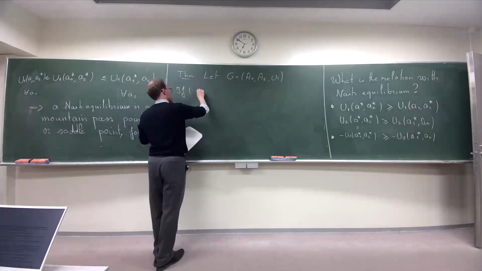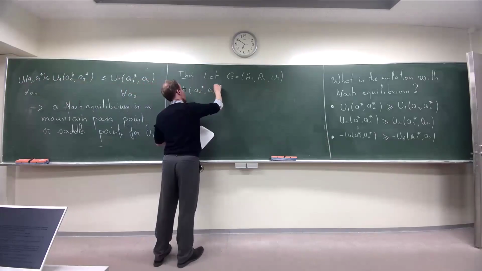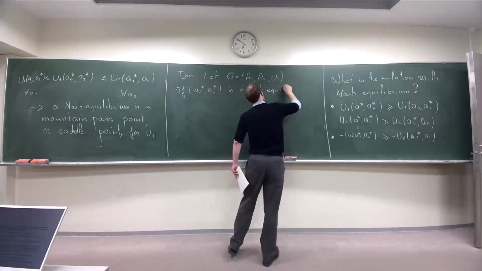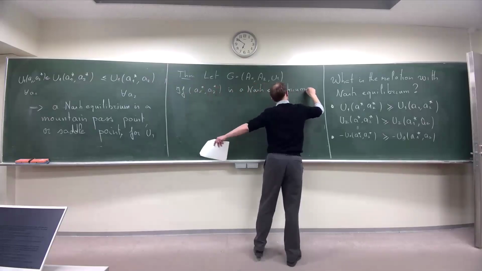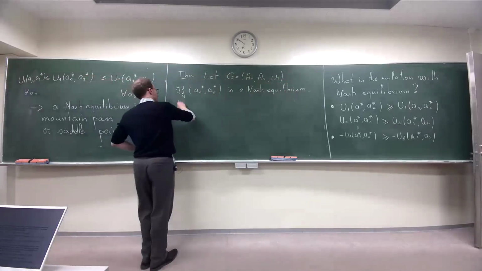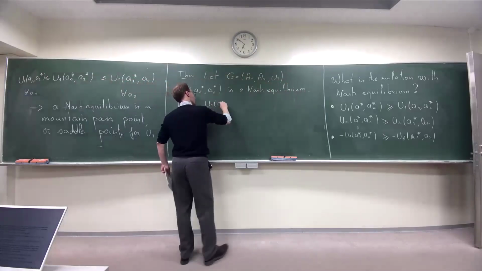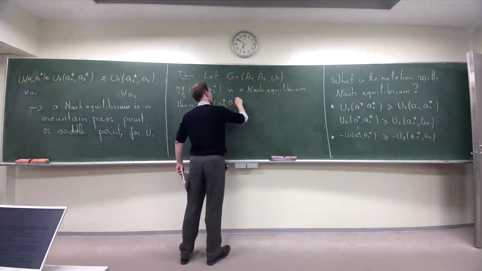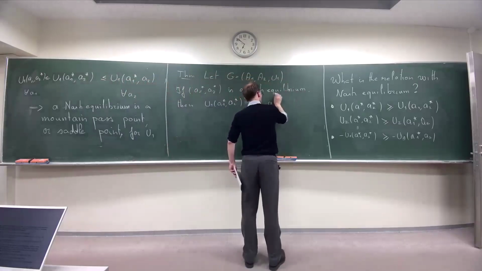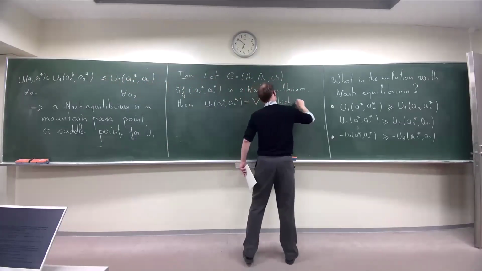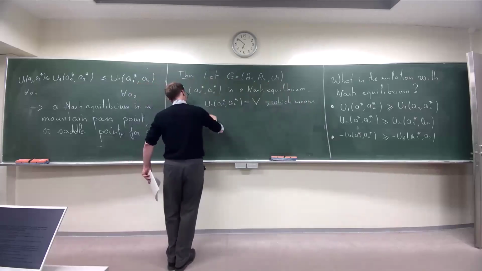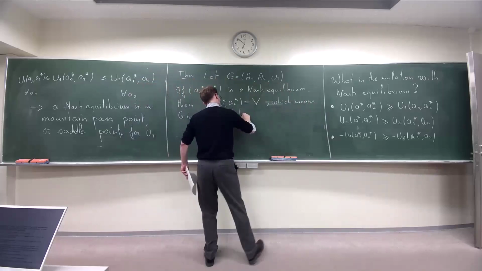If I take a point (A1 star, A2 star) which is a Nash equilibrium, so a mountain pass point of the function U1, then you can compute U1 at (A1 star, A2 star), and in fact it's equal to V. Which means G is strictly determined. We are in the best situation.